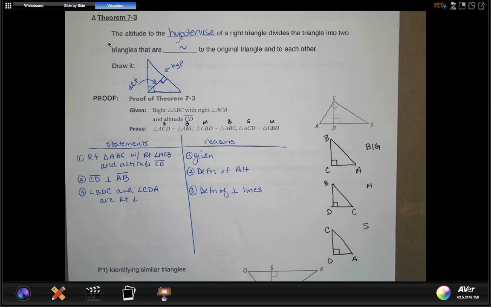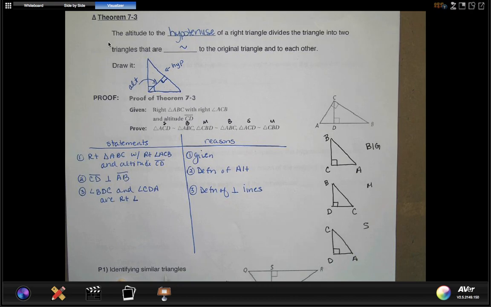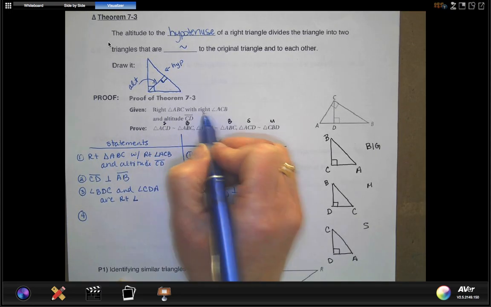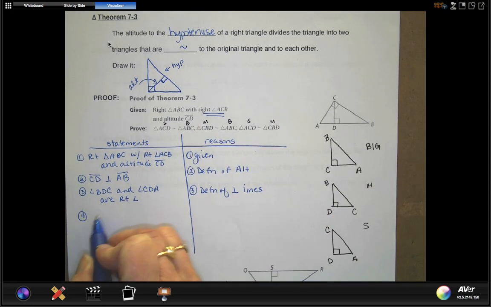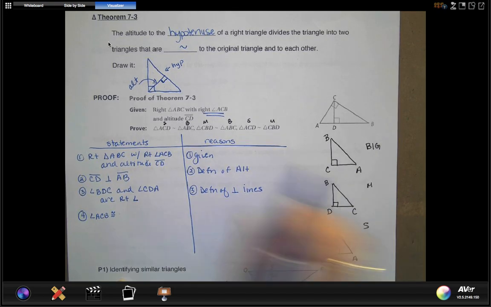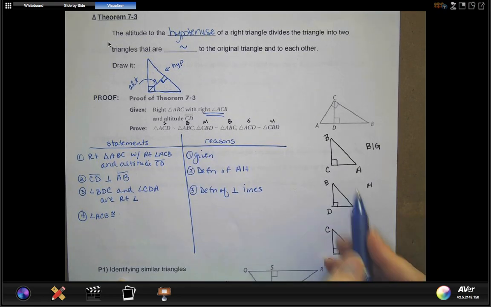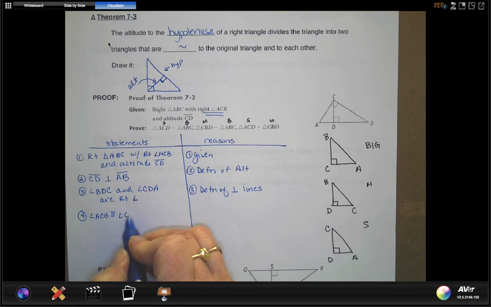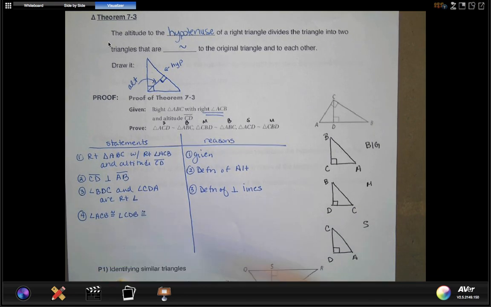Well, so now I already knew that the original one had the right angle there. So now I know that angle ACB is congruent to angle, I should probably line these up. So ACB, CDB, ADC.